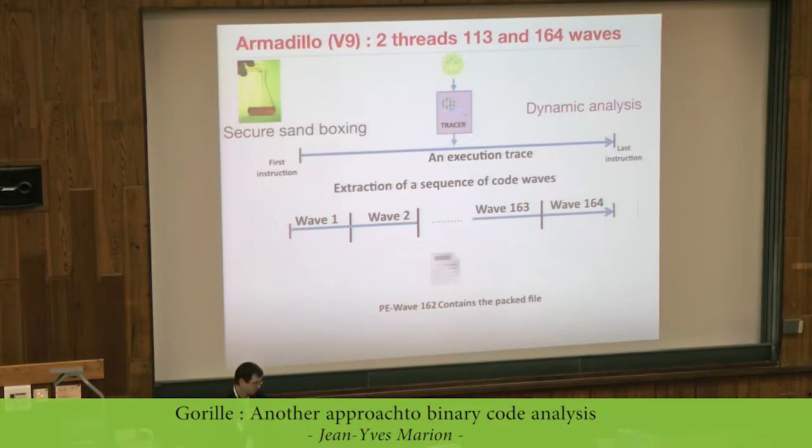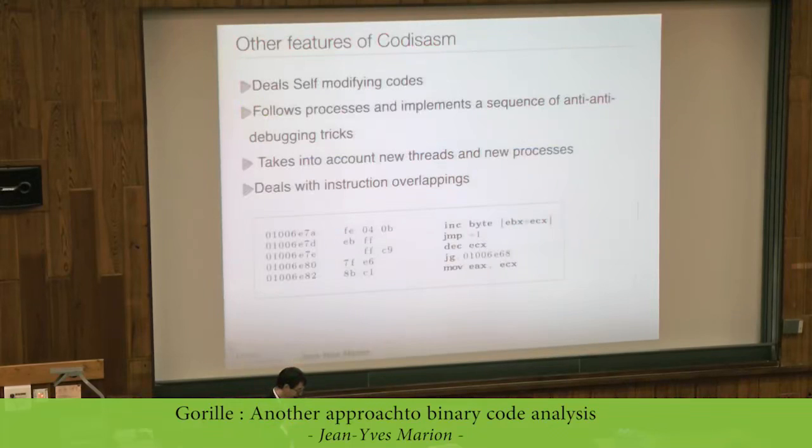For example, Armadillo, at least this version, uses 2 threads and something like 164 waves, which is a lot to follow. And usually the system is very difficult. So Codesign is using that, and then we disassemble each wave.